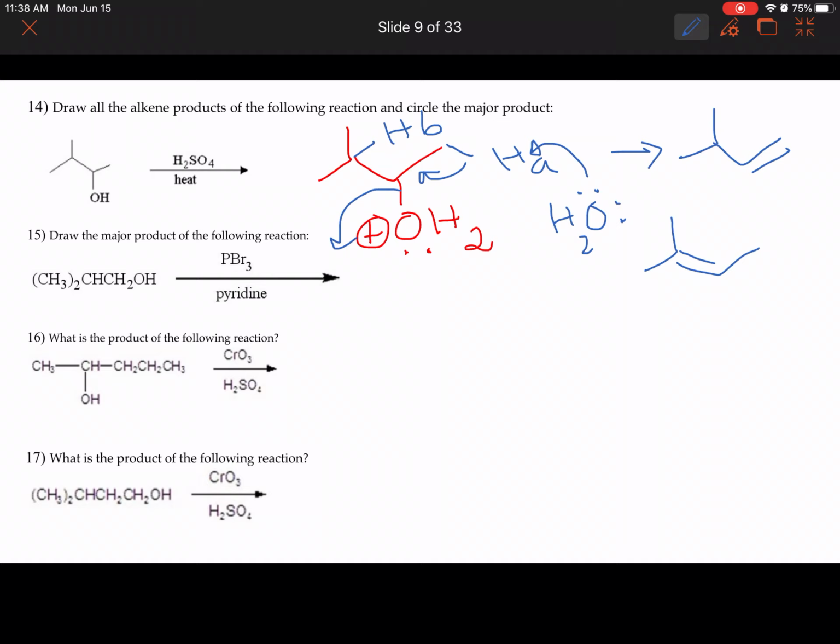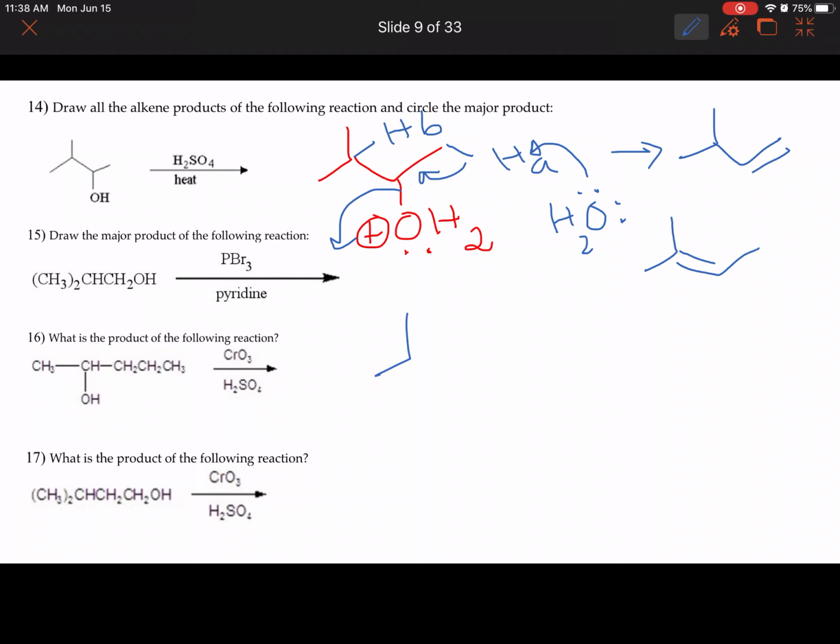Okay, so how does that happen? The water molecule can fall off, and then you can form a secondary carbocation. Okay, so let me go ahead and draw that.